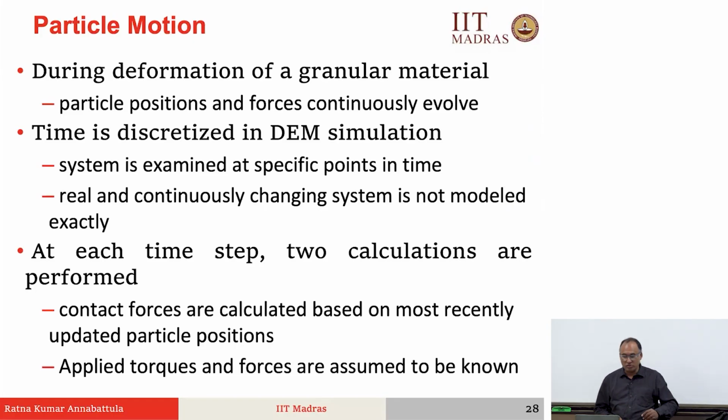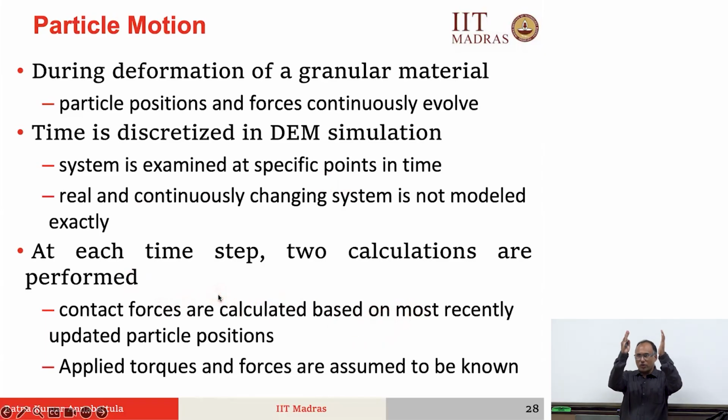Your time step should be chosen carefully. So, at each time step, if you have frozen the system at time t equal to 0, now at time t equal to t1 at which you are trying to evaluate, there are two calculations that will be done. What are those two calculations? You will calculate contact forces based on the most recently updated particle positions.